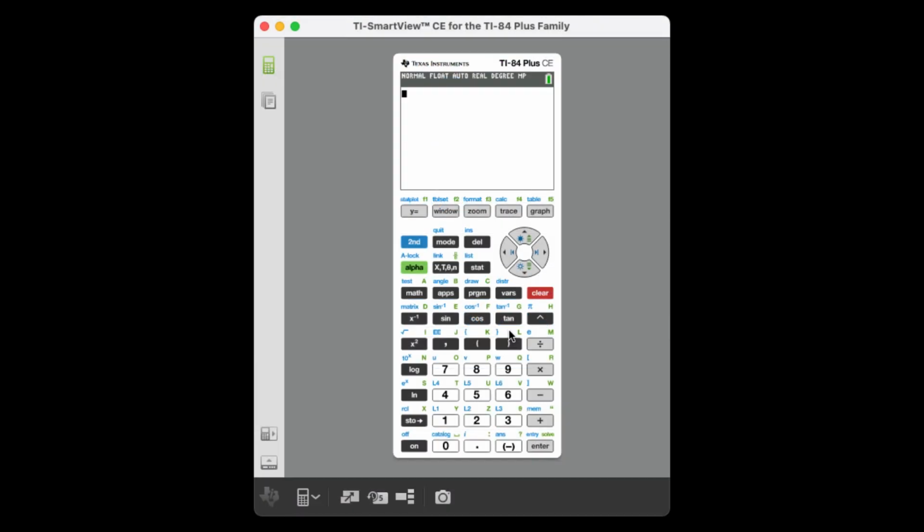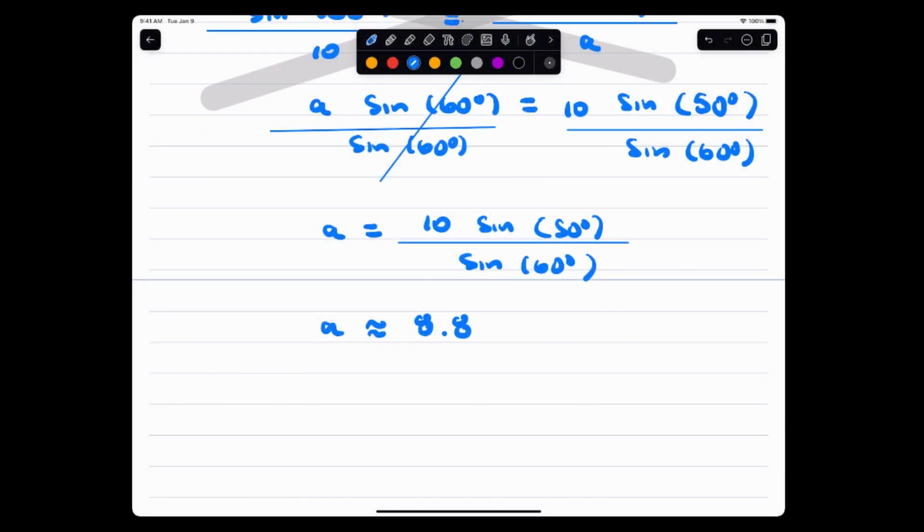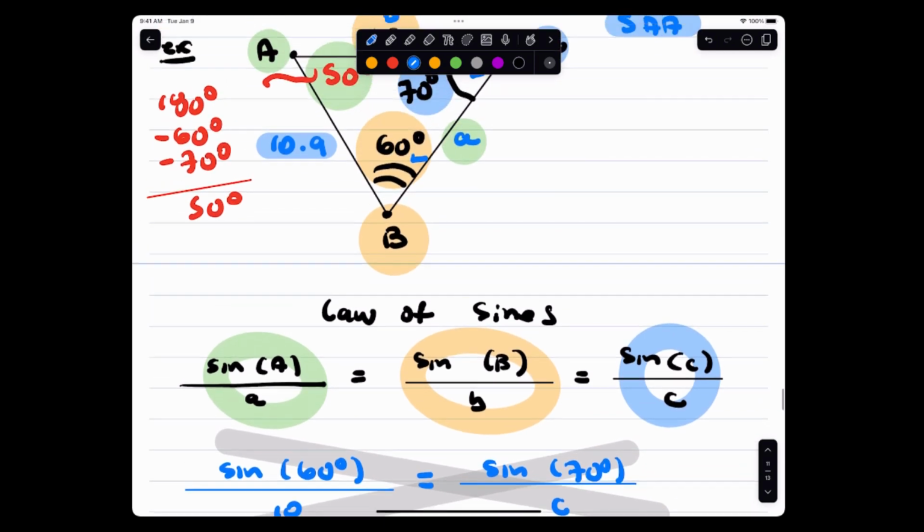Okay, so let's clear this out. Let's get out the TI. And now it's going to be 10 sine 50 divided by sine of 60. 8 point what? 8.8. Is that true? Okay, so this is going to be what color?